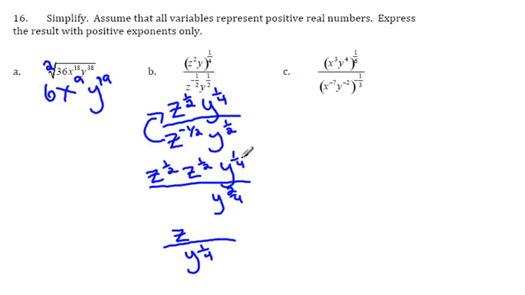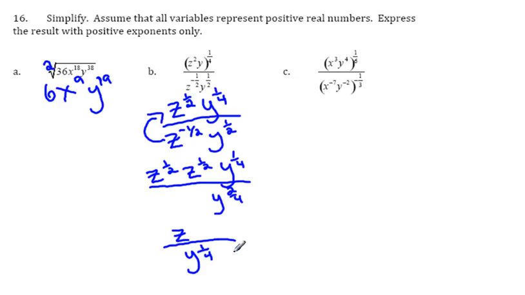I could have said take the power of the numerator minus the power of the denominator. That would have been 1/4 minus 2/4, which is negative 1/4. Put y to the negative 1/4 in the numerator, and then because it was negative, move it down to the denominator. That's why I like to say take the big one, subtract the little one, put it where the big one was, because that saves you a step. And that's your final answer, z over y to the 1/4.